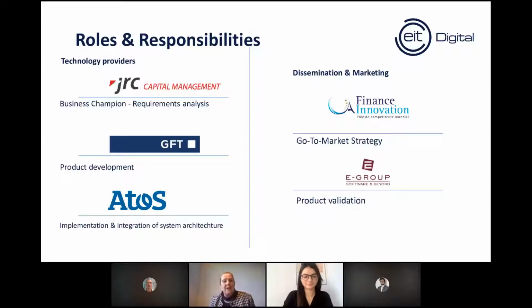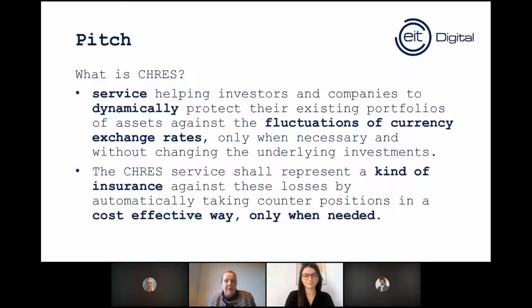In addition, we had 2 further software companies: Atos, who were responsible for parts of the product development and the front end, and a Hungarian software company, E-Group, who were responsible for product validation, and in the end also contributed a software component. But let's have a view at CHRES itself.